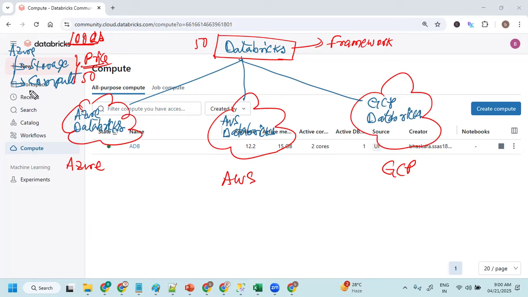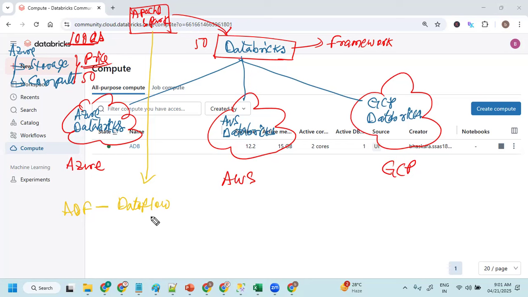Because of that reason, what Microsoft has done is, this Databricks was built with Apache Spark. Now, Microsoft also took this open source and created a data flow with the ADF. Previously, ADF did not have a data flow.